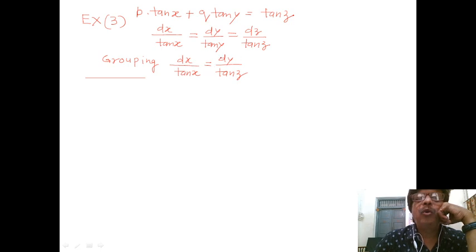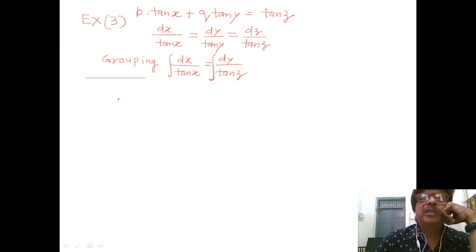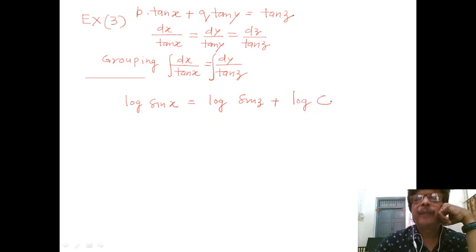After pairing or grouping this and integrating this, dx upon tan x, that is, the integral of cot x is log of sin x, equal to log of sin y plus log of c, say. One upon tan means cot, and its integral is log sin.